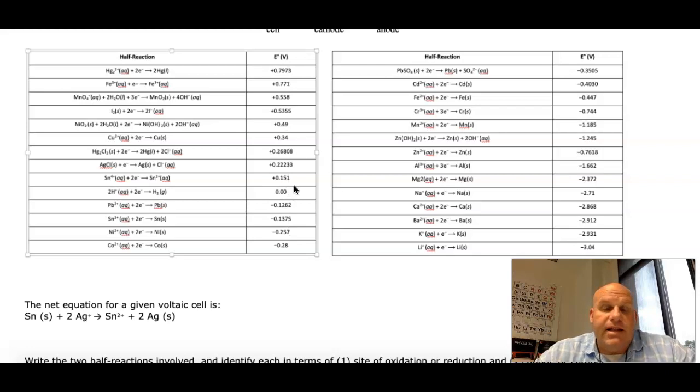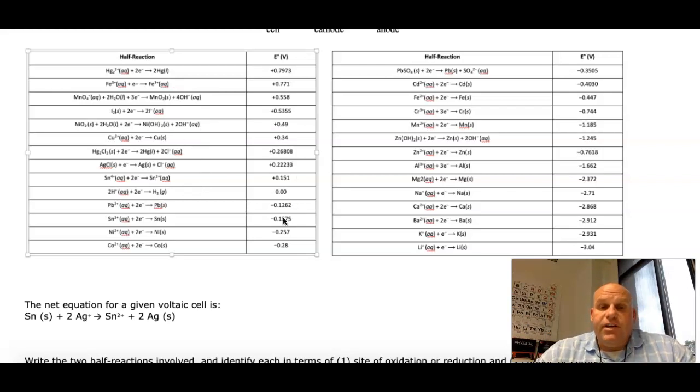We don't need to worry about that at this point. We just want to be able to pull the data off this table. You can see all of these are set up as reductions, so the gaining of electrons: an ion gaining an electron and forming the atom, whether it's solid or gas.